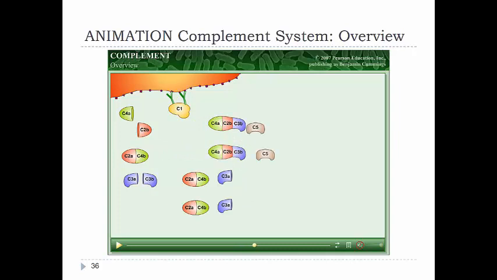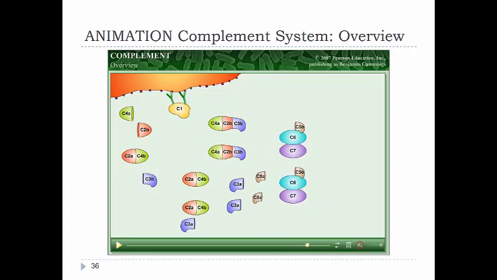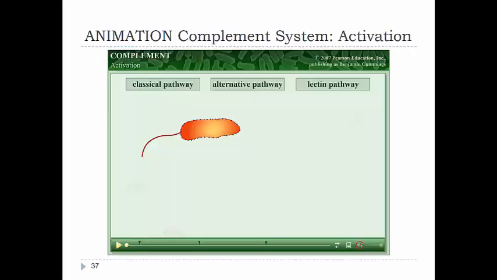And that is that they cleave C5 into its part A and B. Now C5B binds to C6, C7, and creates a final outcome. Now we're going to talk about exactly what these guys do in a moment.